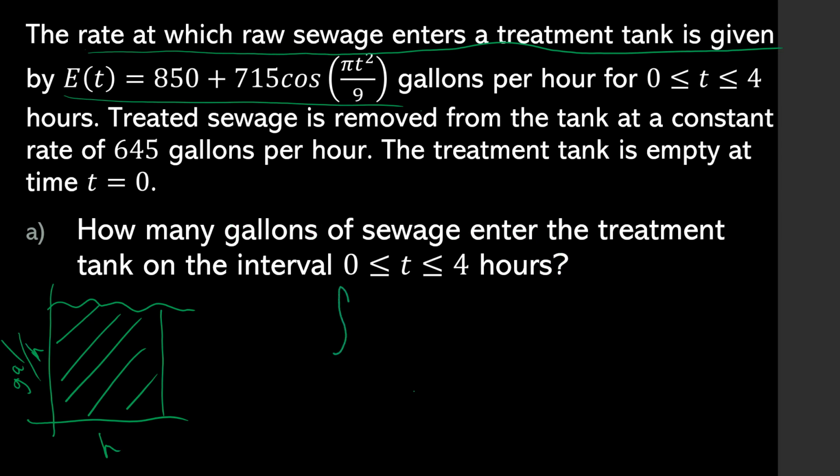Okay, so we're going to integrate from, fill in the easy one, 0 to 4 of either, I'm going to write E of t. If you want to, you can write 850 plus 715 cosine stuff. And don't forget that dt.